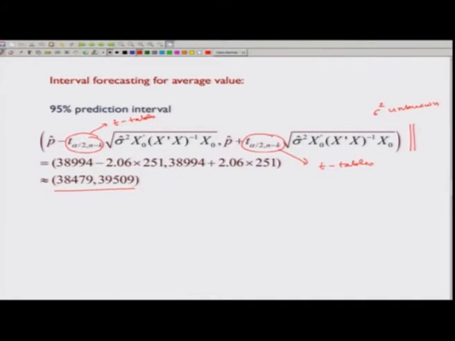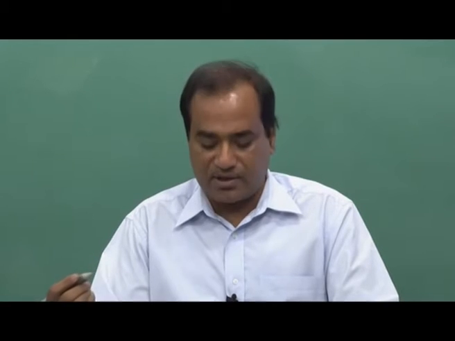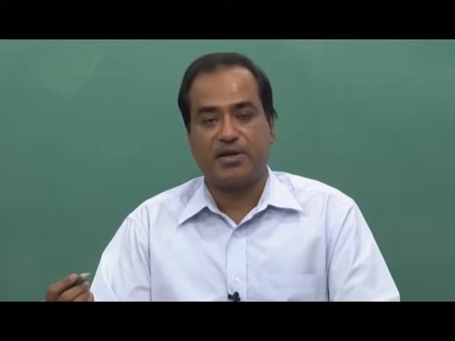You can observe that the p hat we obtained earlier, 38994, lies within this prediction interval. So now we have completed one task: we forecasted the demand of water for a given temperature of 36 degrees and a given humidity level of 36%.